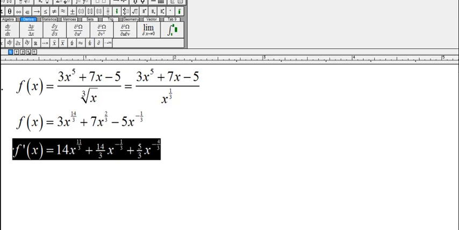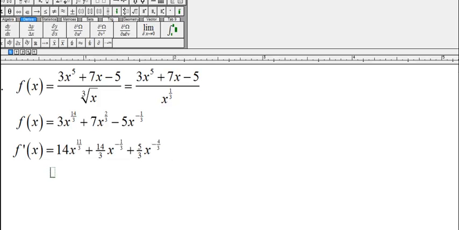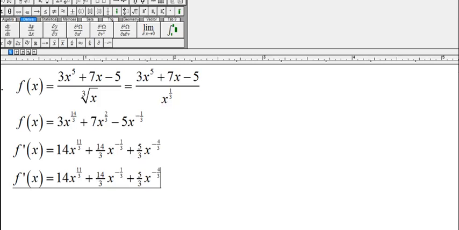Now, this is also equal to some other ways of writing it. 11/3, if we make it into a mixed number, 11 divided by 3 is 3 remainder 2. So that's 3 plus 2/3. Okay? And similarly, 4/3 is, well, let me do this first.